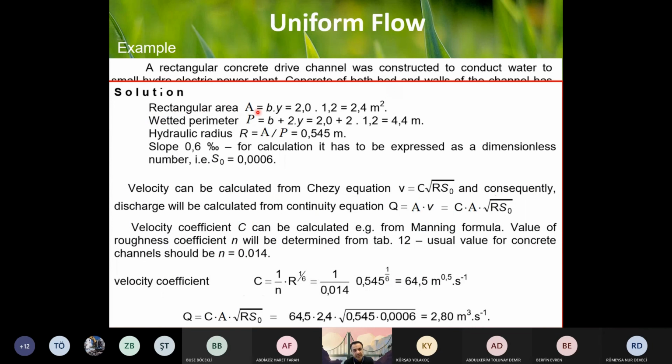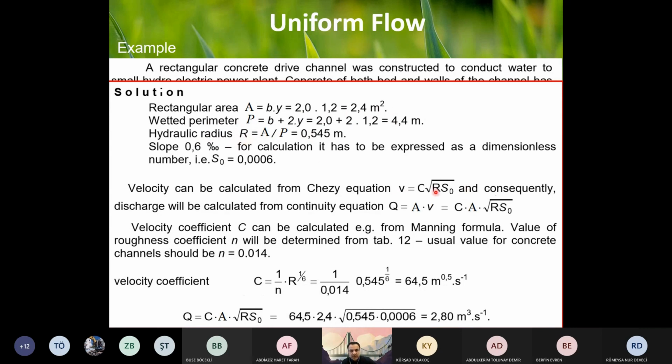Rectangular area: area equals b times y, given already. 2 times 1.2 gives you 2.4 square meters. Wetted perimeter for a rectangular cross section equals bed width plus 2 times the depth of flow. It is 4.4 meters. You need to calculate the hydraulic radius, A over P, which gives you 0.5. So you have the hydraulic radius.